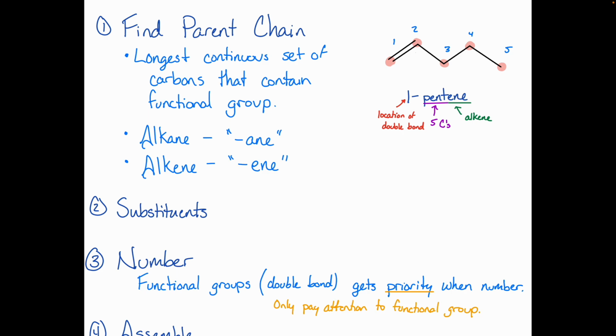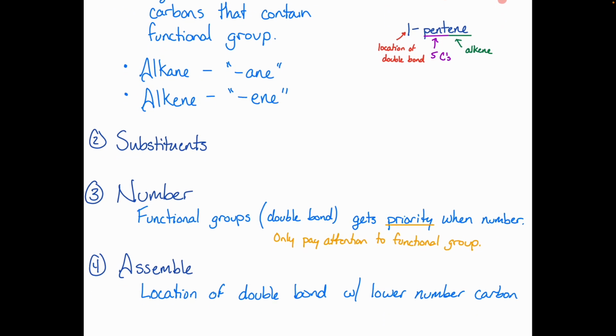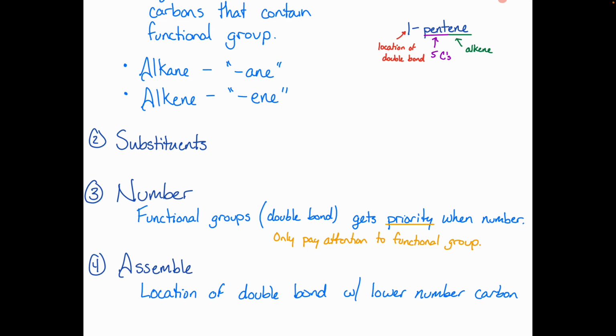Now it's not an alkane with an ane ending, but an alkene with an ene ending, okay? Nothing different about how we find and name our substituents, but when it comes to our numbering, we also have this new concept of priority here. When there's a functional group in that molecule, and again, our double bond's our first functional group, it gets priority when we number our molecules. So we're only going to pay attention to the location of that double bond when numbering.